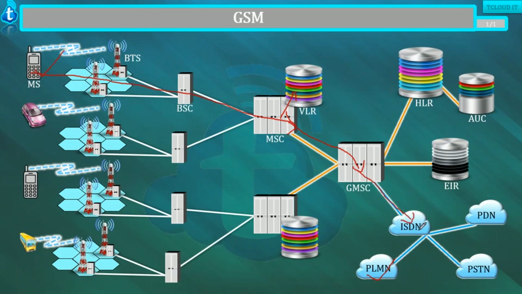GMSC forwards it to ISDN. ISDN, based on the routing number that this guy dialed, will be able to determine that the user is present in a PLMN, and the call would be routed to that PLMN. What happens inside the PLMN, how the call would be routed, those details we'll see in our further sessions. But we are just looking at that much right now.